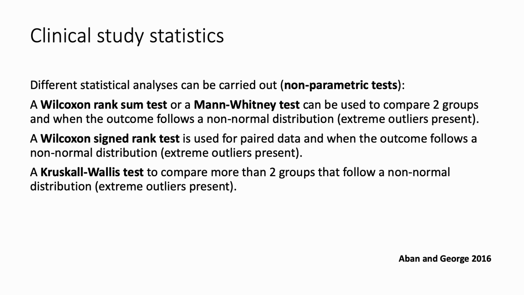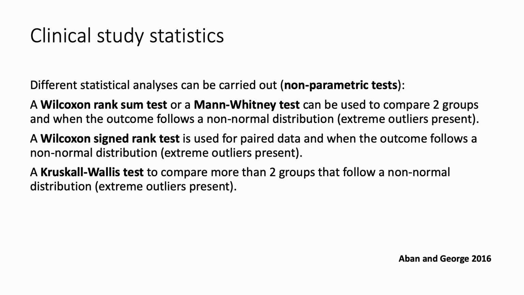Now let's talk about non-parametric tests. So different statistical analyses can be carried out. Again, we call them non-parametric tests. So I'm going to cite them. A Wilcoxon rank sum test or a Mann-Whitney test can be used to compare two groups when the outcome follows a non-normal distribution.